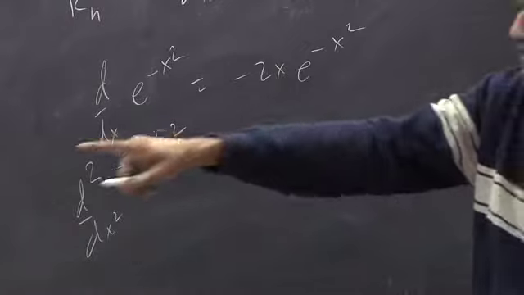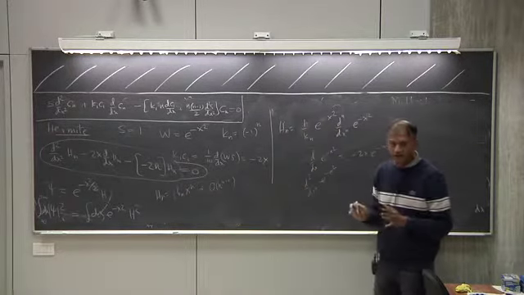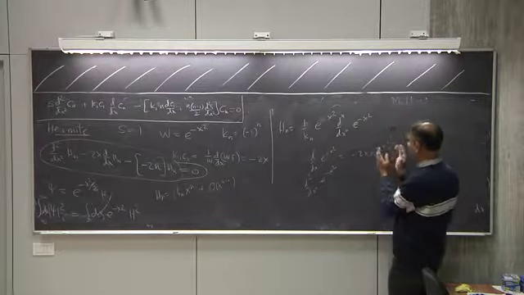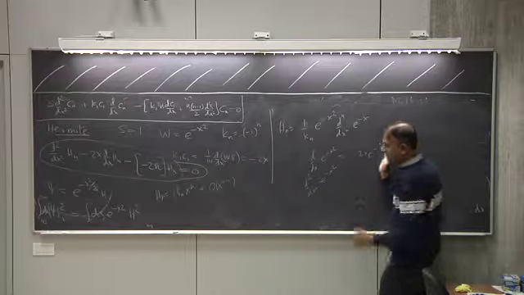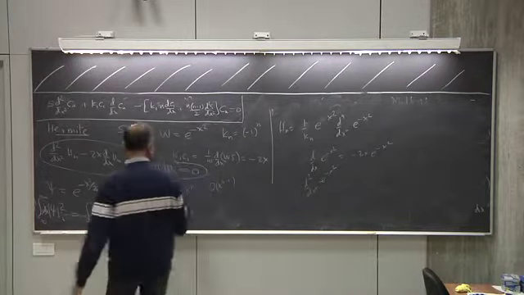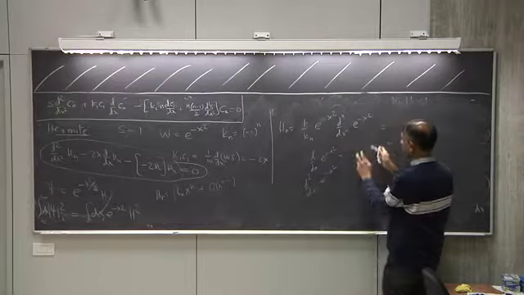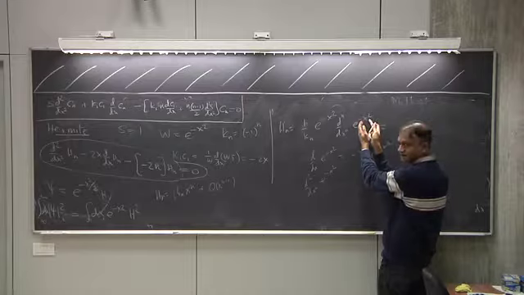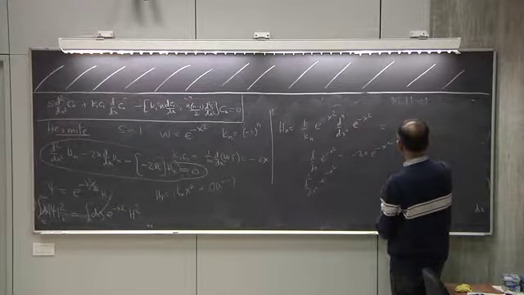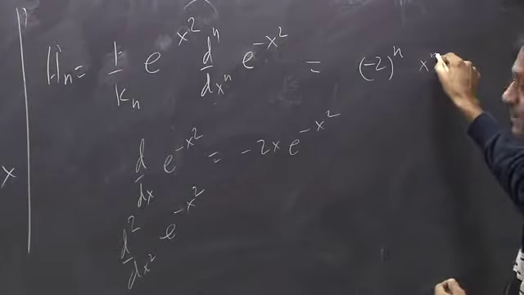Now, if you're only interested in the x to the n term, it is clear the only way I can get x to the n is if all the n derivatives act on this exponential factor. Each time the derivative acts on the exponential, it gives you minus 2x. So you'll get minus 2 to the n times x to the n.